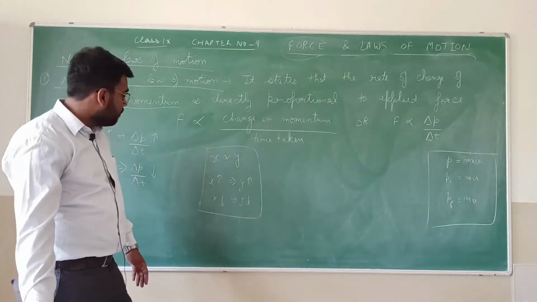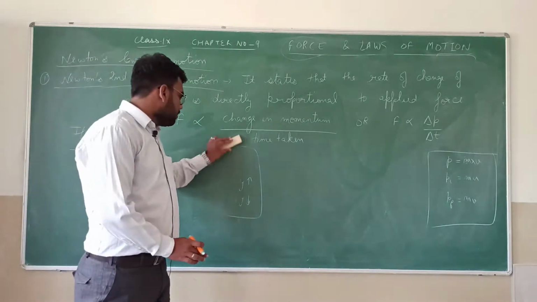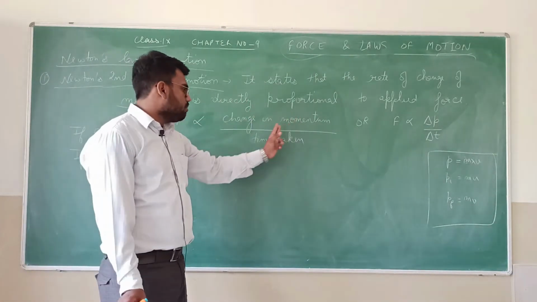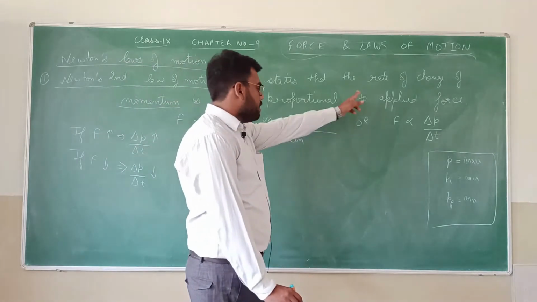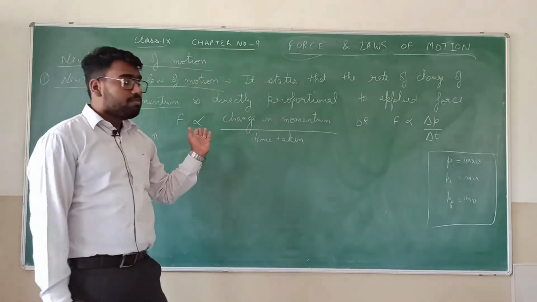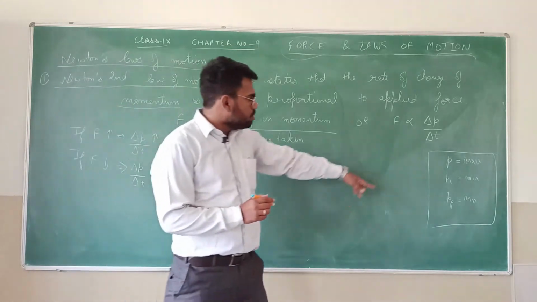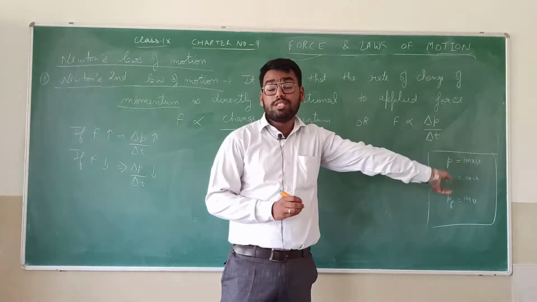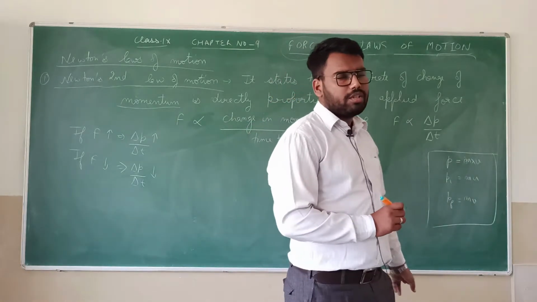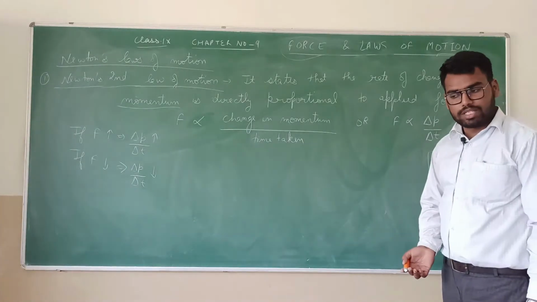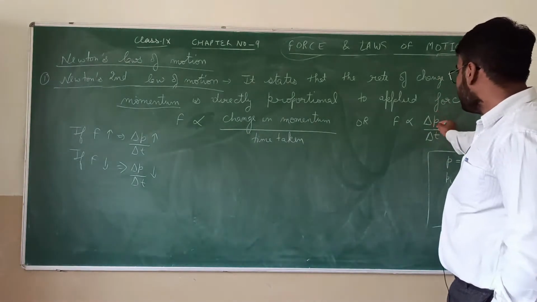So here, force is directly proportional to change in momentum divided by time taken. Rate means divided by time, and change means final minus initial. For change we use this triangle sign. In chemistry you will learn that this triangle denotes that we are increasing temperature, but in physics we will use this triangle as change.